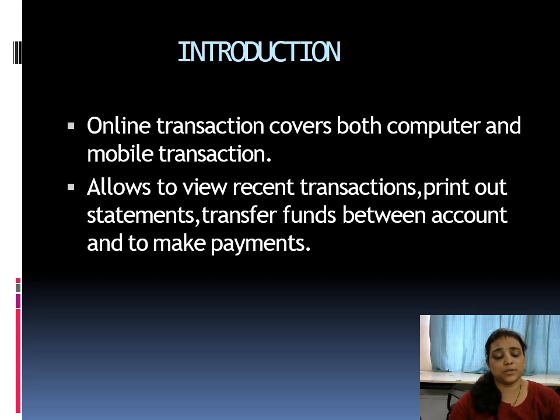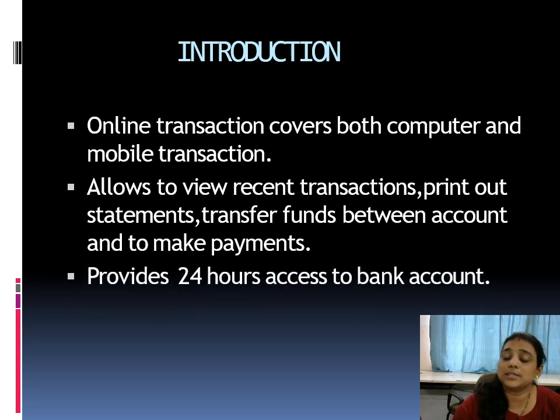This online process allows us to view recent transactions, print out statements, transfer funds between accounts, and make payments. It is not only the buying and selling of goods here, but we are also talking about transferring money from one account to another, paying bills, and paying taxes to the different governments. So whatever we do online comes under online transaction.